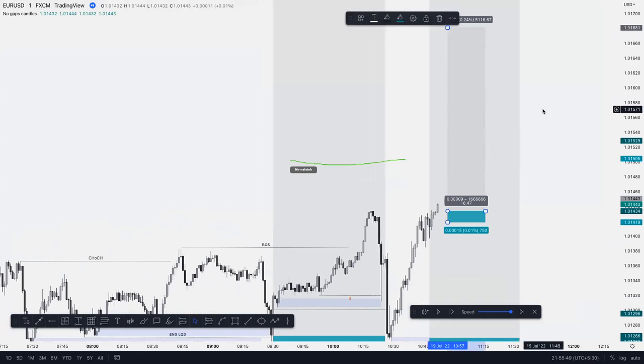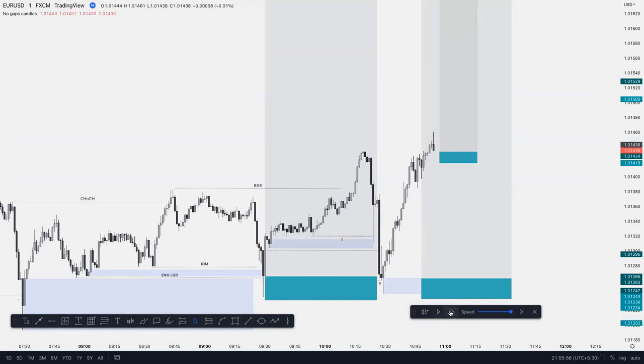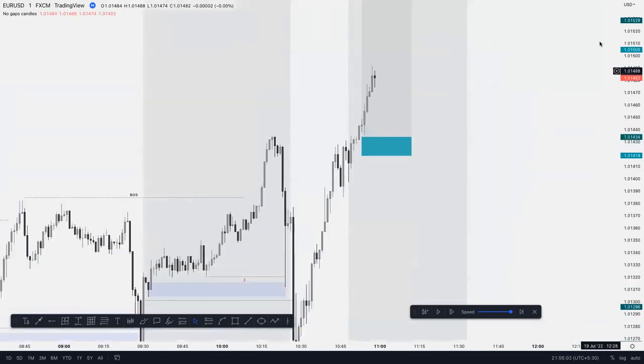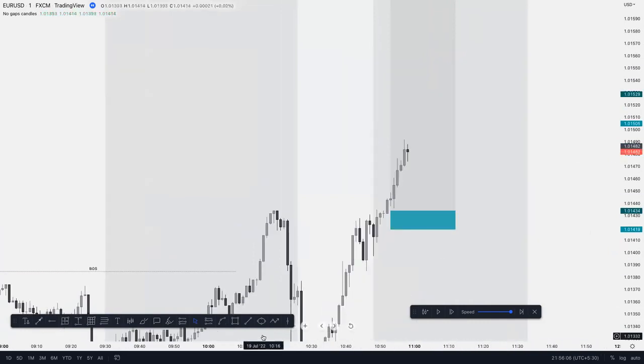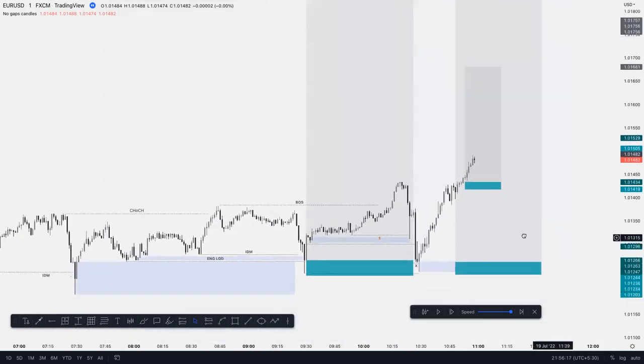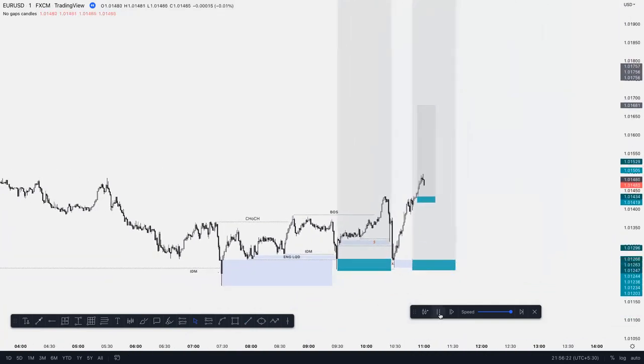All right, let's see. Let's see, this one is mitigate or not. No, this one is also not mitigated, which is okay. Let's see.